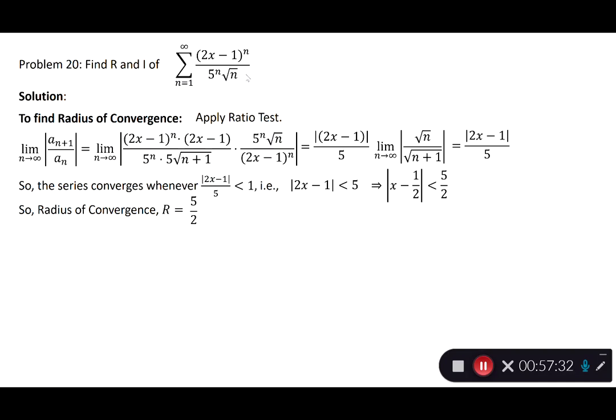Something like that I can easily make up, right? So I definitely want you to be able to see the nuances of a problem like this. How we don't just jump to the conclusion that the radius must be 5 or 1 or something like that. So it's a very interesting problem. Cool. So we got the radius of convergence.